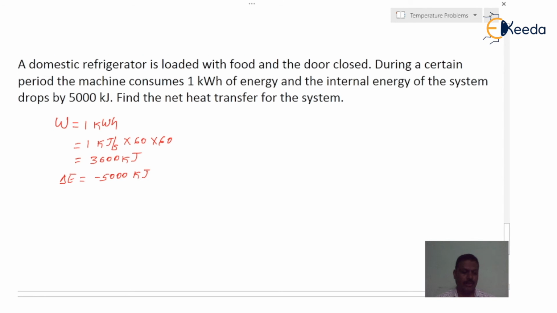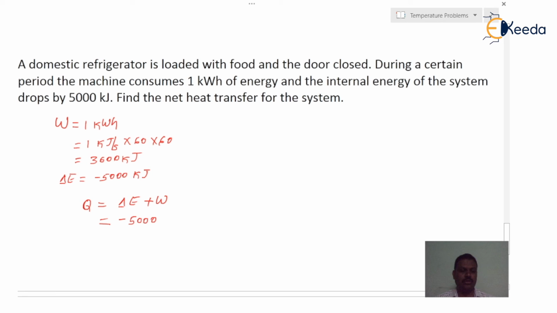Now let us apply first law of thermodynamics to calculate the net heat transfer for the system. So here it is Q equal to delta E plus W. Here delta E it is decreasing, so it is minus 5000 kilojoules.